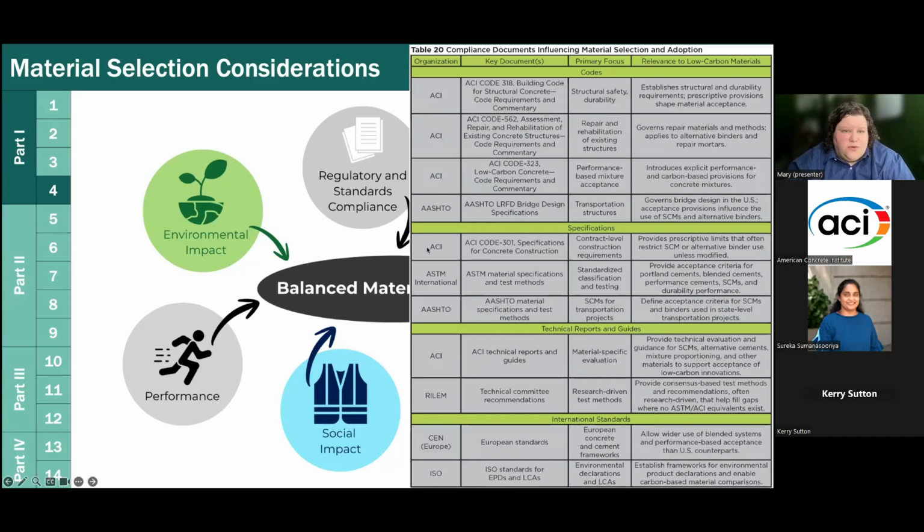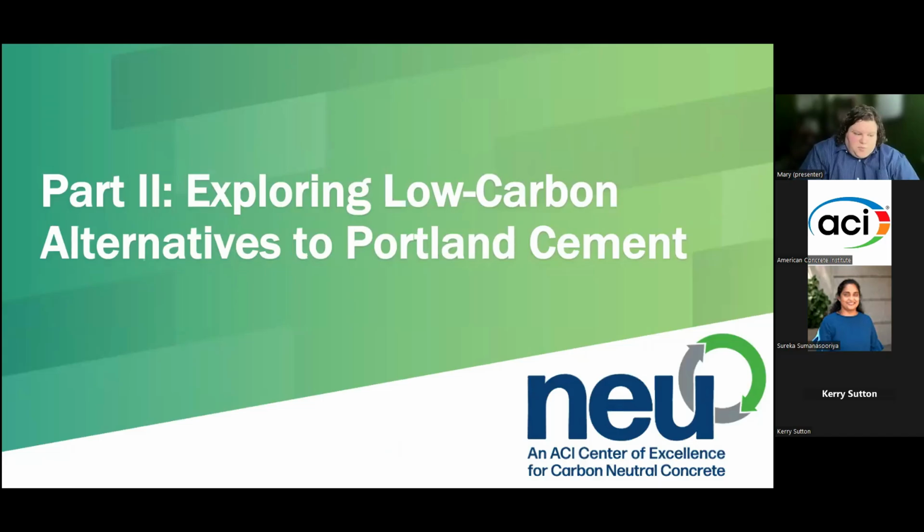We also went through and summarized a lot of the documents that you see: ASTM material specifications versus ACI codes versus RILEM documents, and tried to give an idea of what those all are, because there are so many of them, which is great and awesome, but they can get kind of confusing. All right, so that was part 1.